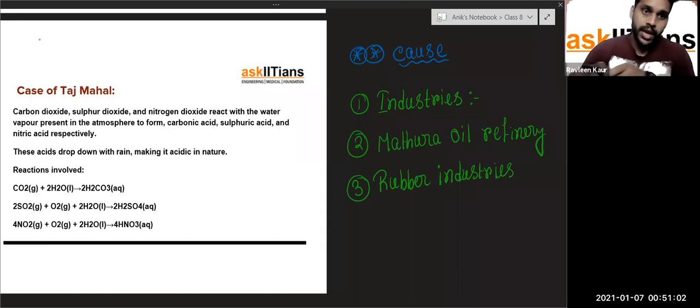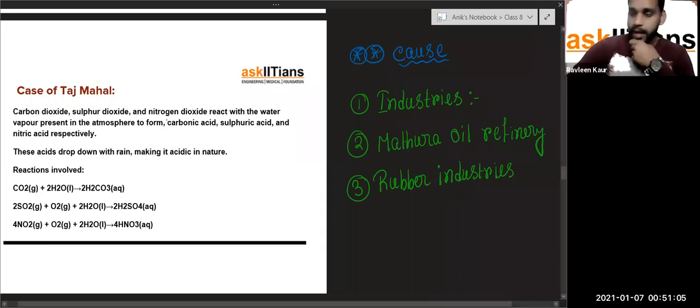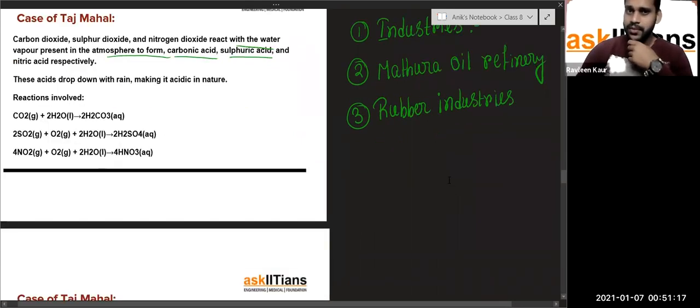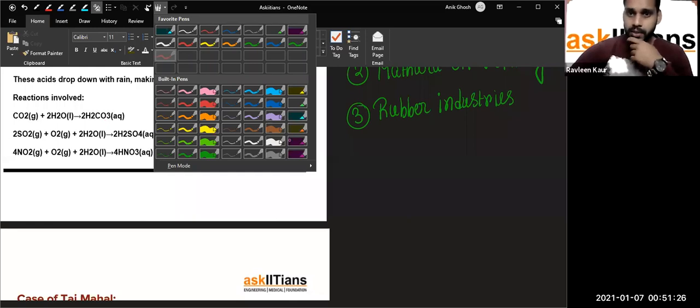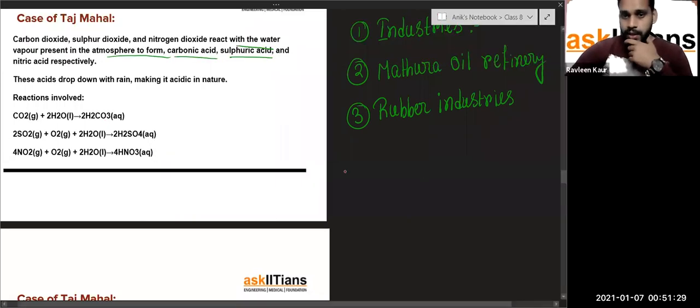So you can see carbon monoxide, sulfur dioxide, and nitrogen dioxide react with water vapor present in the atmosphere to form carbonic acid, sulfuric acid, and nitric acid. Isn't it something we have just read? So what happens is the air pollutants we were talking about, like NO2, like SO2, like CO2, react with the water vapor present in the air.